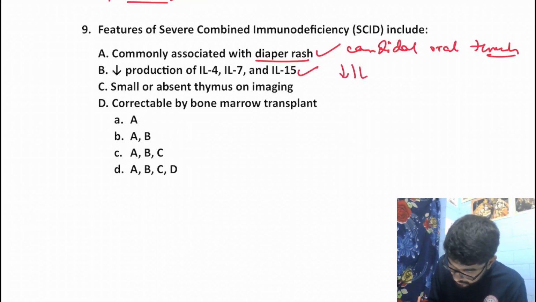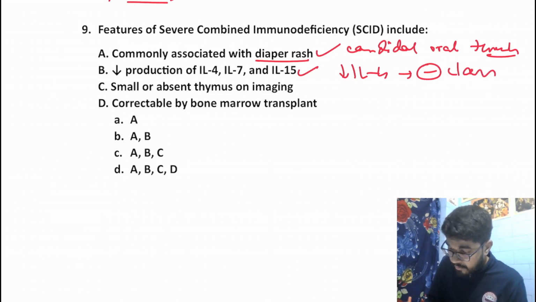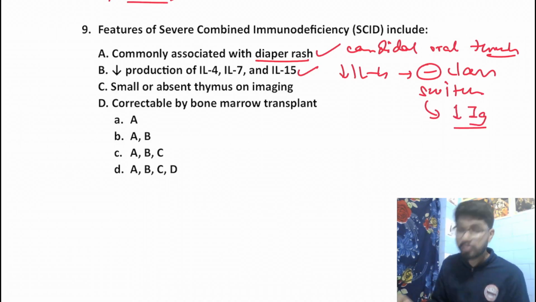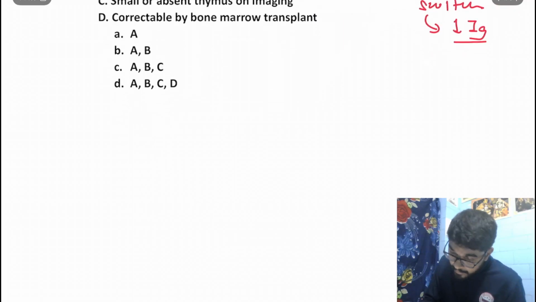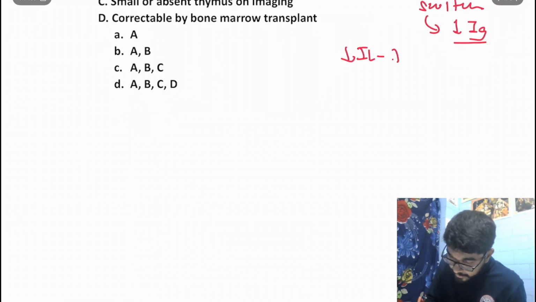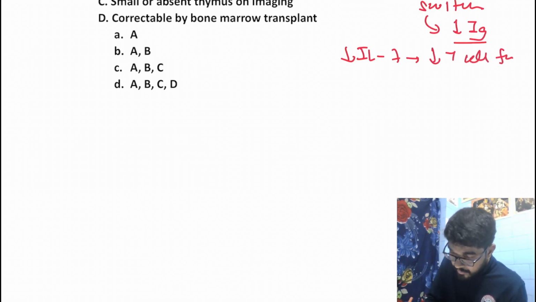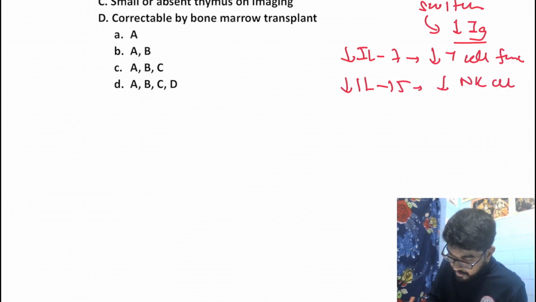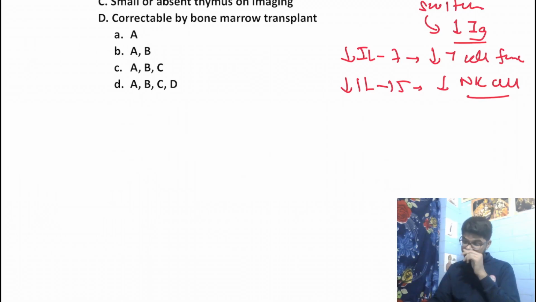Remember that decreased interleukin 4 is associated with inhibition or defective class switch that would result in decreased immunoglobulin, that is B cell defect. Then decreased interleukin 7 would result in decreased T cell function, and decreased interleukin 15 would result in decreased NK cell function. Okay.